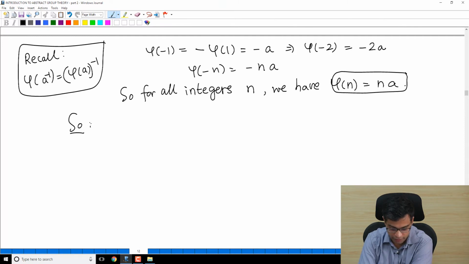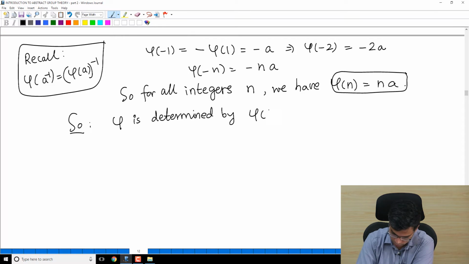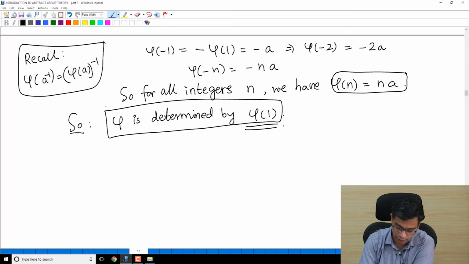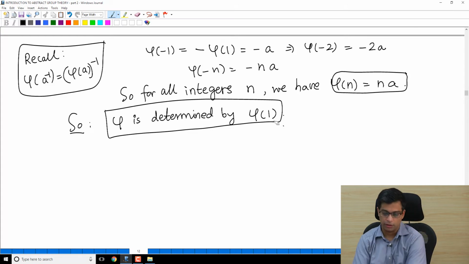So what we can write is phi is determined by phi of 1, which is to say that once you fix phi of 1, or once you give it a name small a, every other image of phi is determined, because once phi of 1 is a, phi of n is na. So phi is determined by phi of 1.